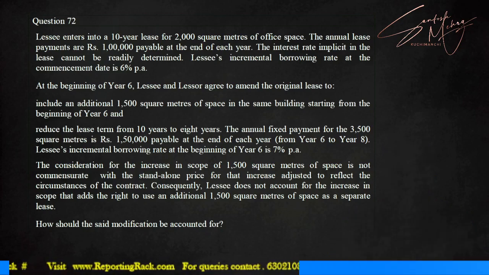I was talking broadly about 2 aspects of modifications in the lease. Read through the question.